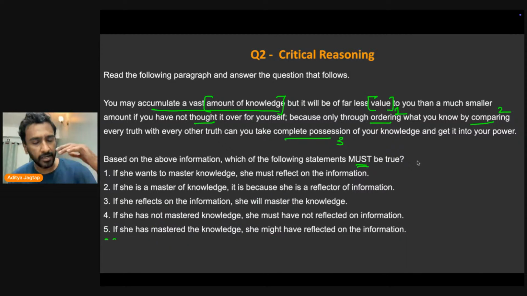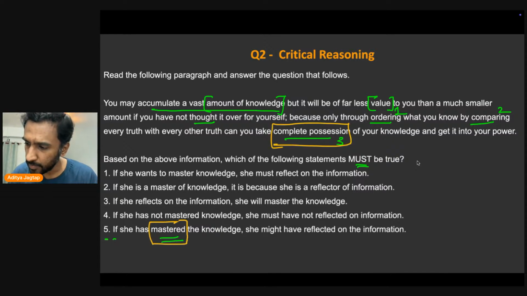Let's assume we started with sentence 5. Mastered is used to replace complete possession. I'll just color code this. Mastered is used to replace complete possession of your knowledge, right? To have complete possession of your knowledge, you need something specific. Only through ordering, only through comparing will you get complete possession, right?